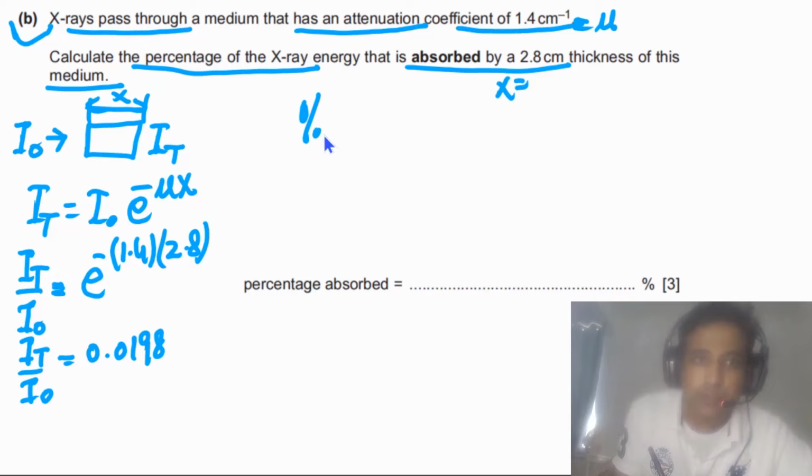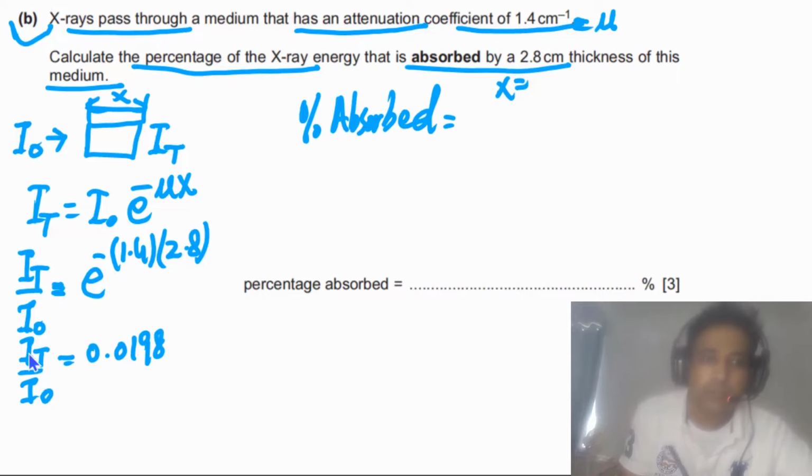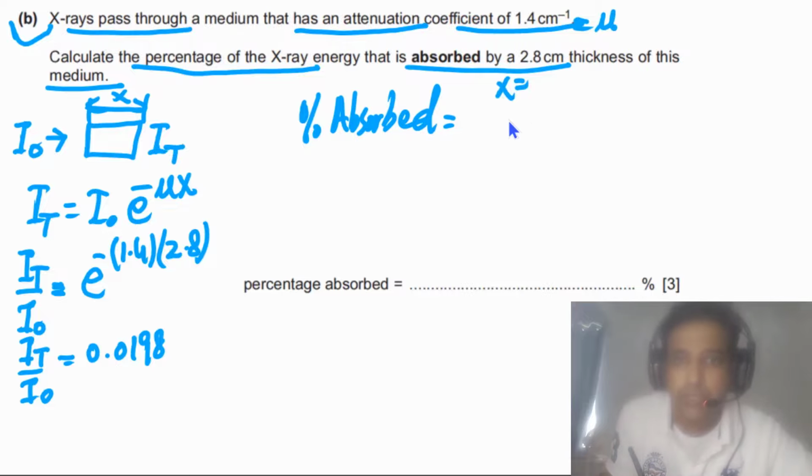So percentage absorbed we have to calculate. How much has been absorbed? That one we have to calculate. So this is the transmitted and the rest has been absorbed. So in this case we take 1.00, meaning the incident, minus transmitted, which is 0.0198.